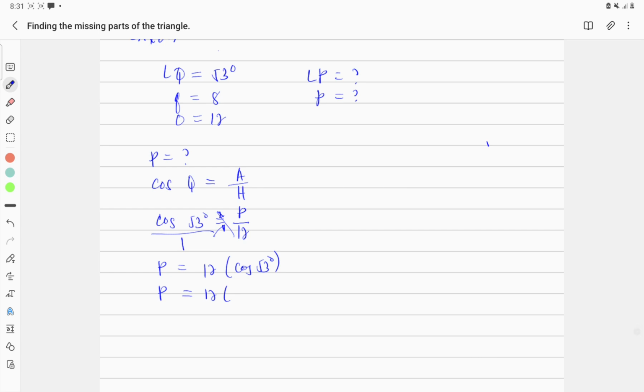Using your calculator, cosine 53 is 0.60. So P is equal to 12 times 0.60, that will give you 7.2.